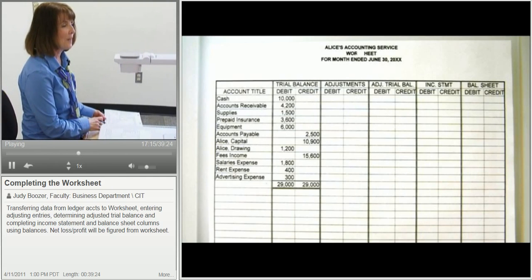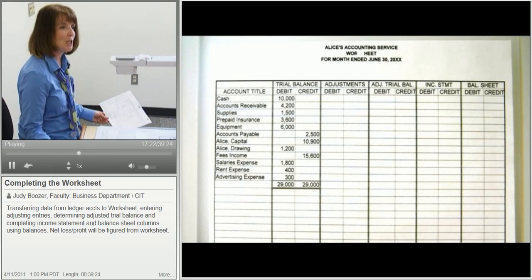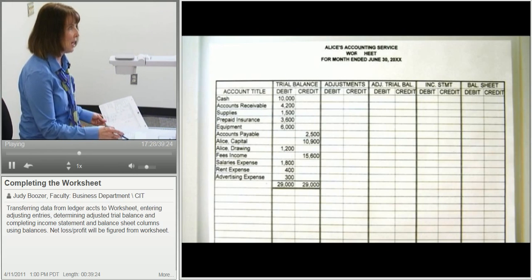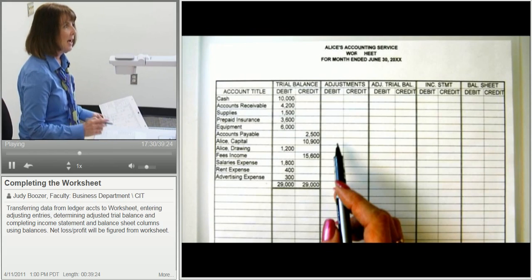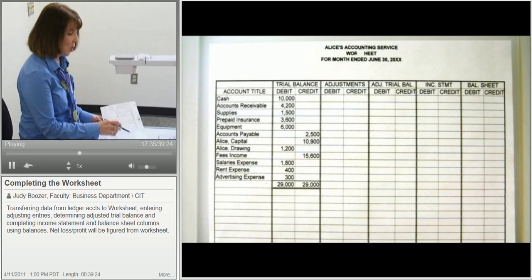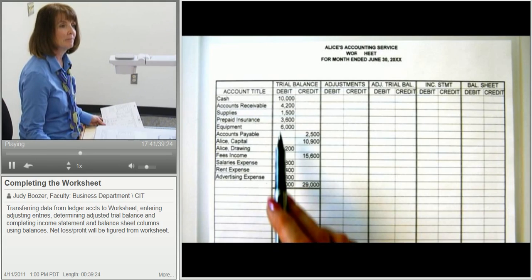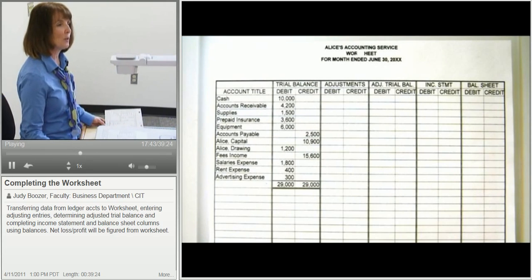Okay, so look at the information at the bottom of the form that you have. It's some data that you need to do this worksheet. The first part we're going to deal with is the adjustment column shown here. However, the first part's been done for you. Where would you get all of these accounts and balances? Good. From your general ledger.